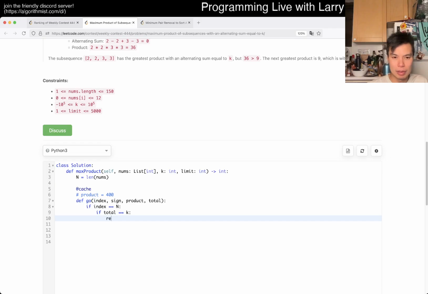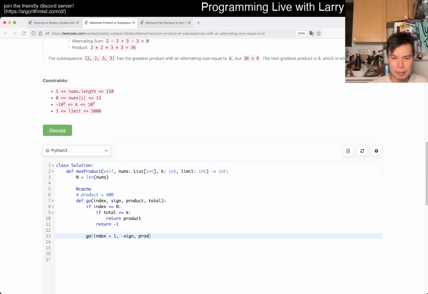And we return product, assuming that product is always less than whatever anyway. Otherwise we return -1, which is fine. And then otherwise here we just take no tick, right? So go index + 1. -1 times sign, or negative sign, maybe that's fine.